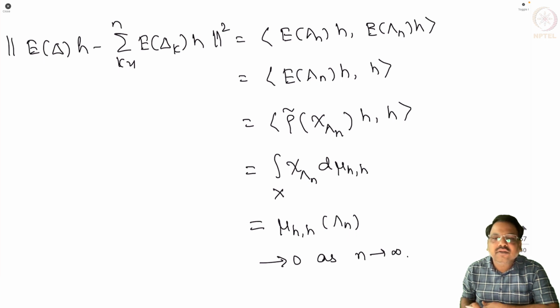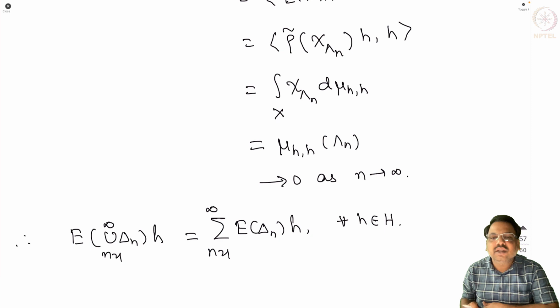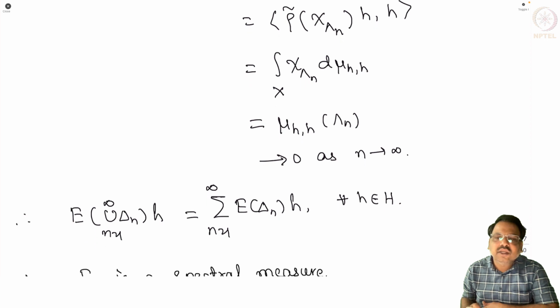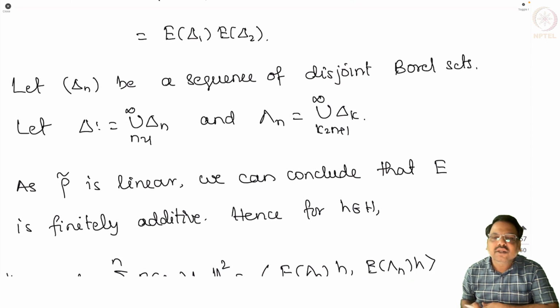By the definition of E delta, this is the inner product of rho tilde of the characteristic function supported on lambda n acting on h, with h. So by the definition of rho tilde, this is the integral over X of chi of lambda n d mu hh. Again by the definition of the measure, this is mu hh acting on lambda n. Now we know that mu hh is a measure, so from this we can conclude that mu hh of lambda n converges to 0 as n goes to infinity, because lambda n is the union of delta k, k equal to n plus 1 to infinity.